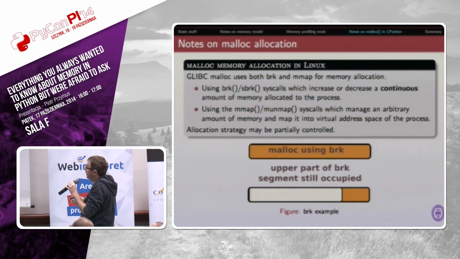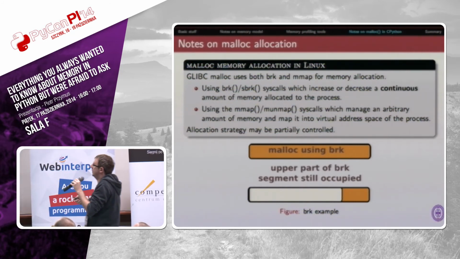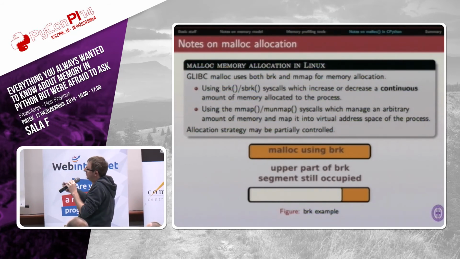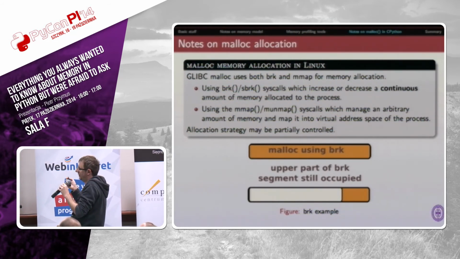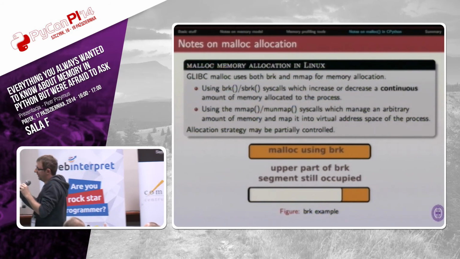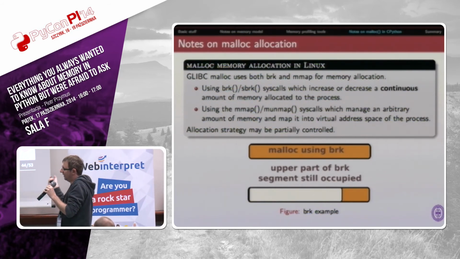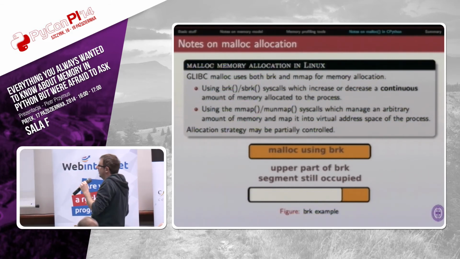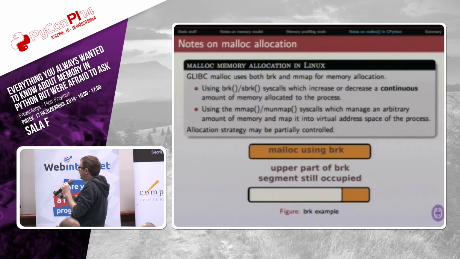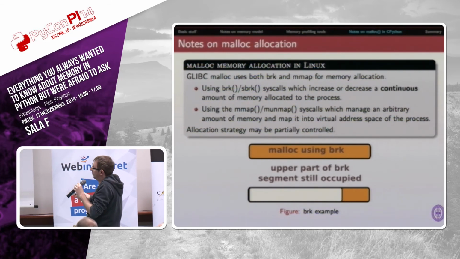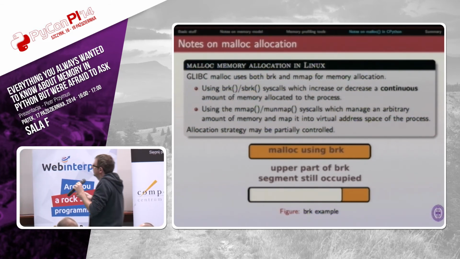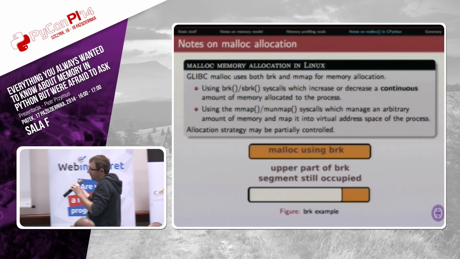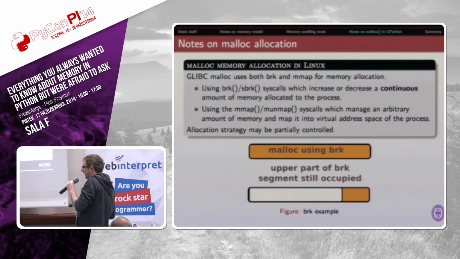So for small amounts of memory, it will use the brk and sbrk syscalls, and they work like that: they can increase the allocated memory size or decrease it, but they can only do it on a continuous memory. And for other cases, it will use a more general tool like mmap and munmap, and this will work for most cases.